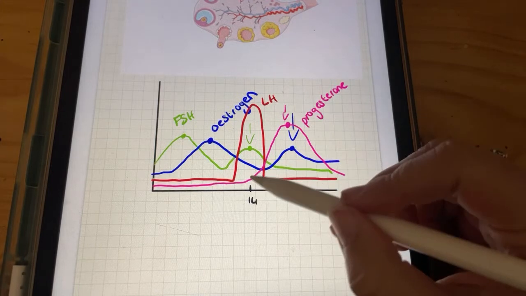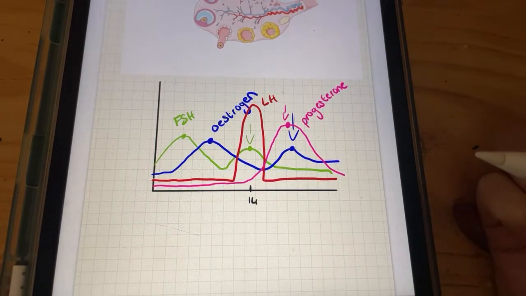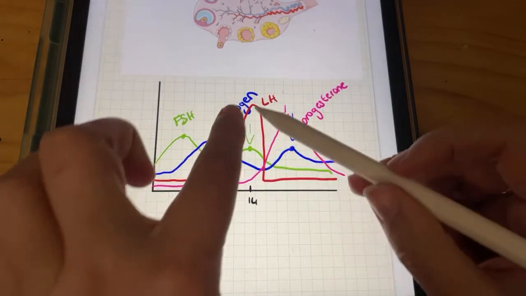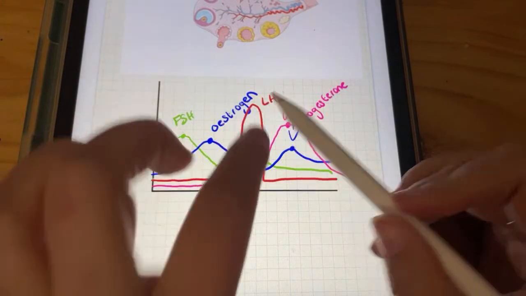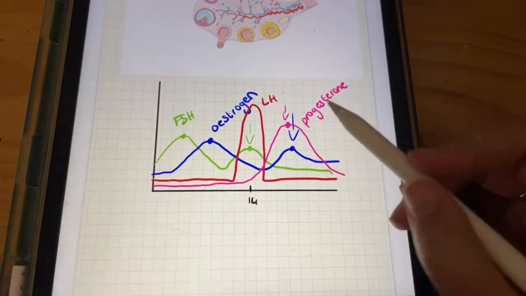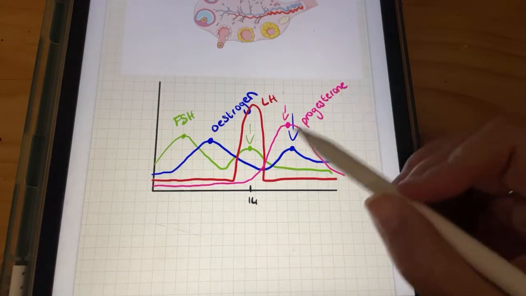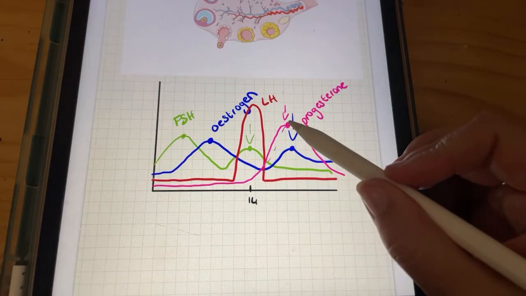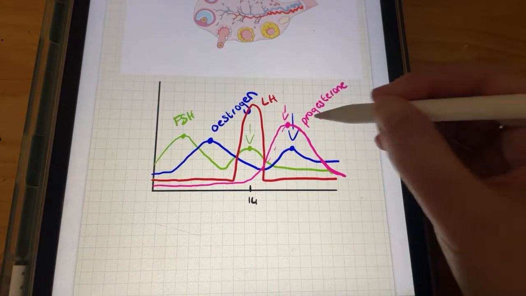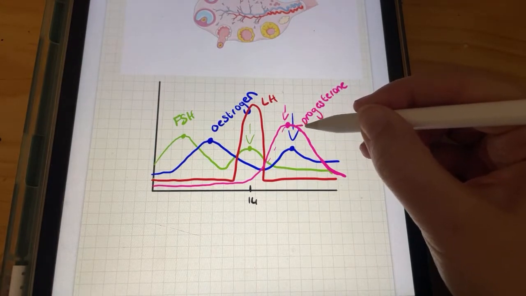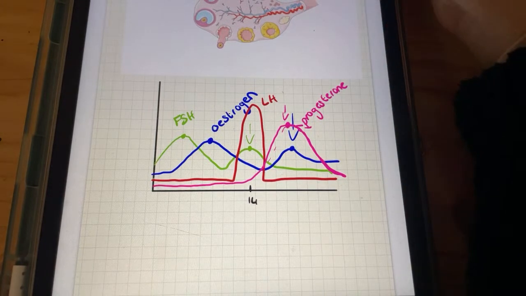This peak only happens after ovulation. It makes sense. Why? Well, think about it. If we have used luteinizing hormone for ovulation to occur, it means that we are left with a corpus luteum. The corpus luteum is secreting progesterone, and progesterone is increasing, right? If no pregnancy takes place, then the line goes down. If pregnancy does take place, then I want you to imagine a dotted line here.